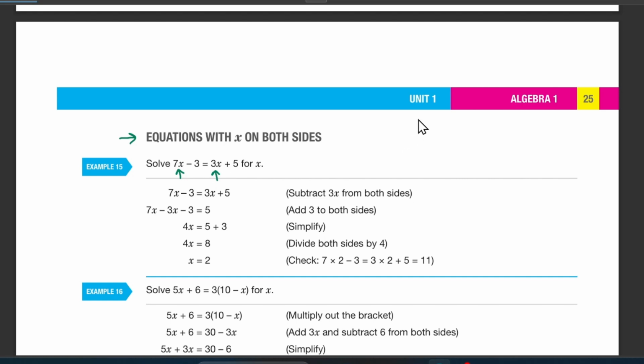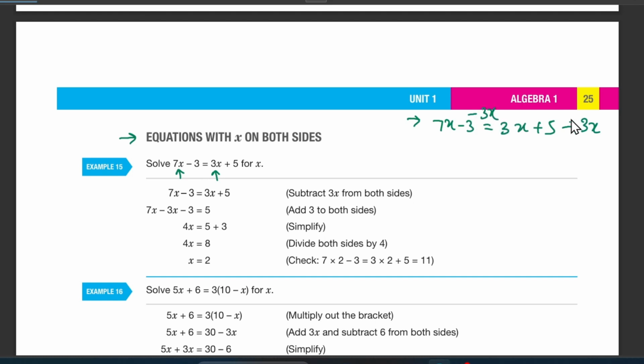So if we try to solve this, it's better if we can keep the x term on the side that has the larger term. So here we have 7x, here we have 3x. So getting rid of 3x would be better.